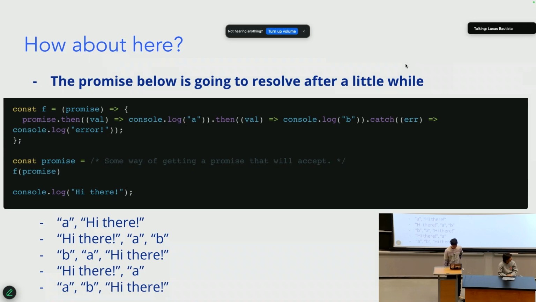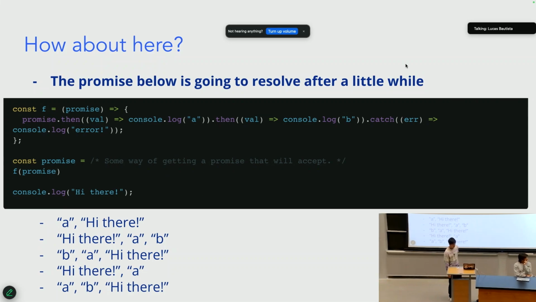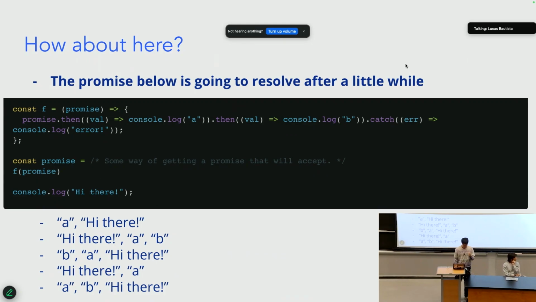Let's look at the code. So what exactly is going to happen? We'll run f of promise, and when we run f of promise, we're not going to wait for this promise to resolve necessarily. We're just going to send it off, and whenever the promise resolves, the rest of the body of f is going to run.